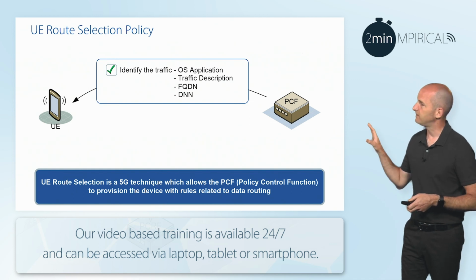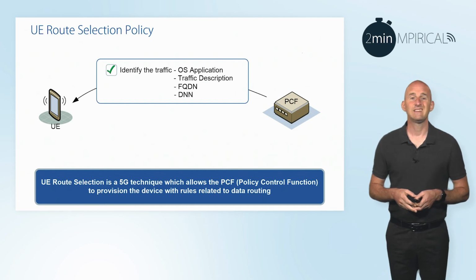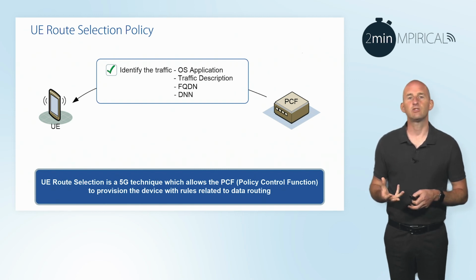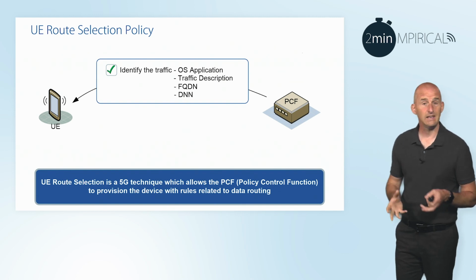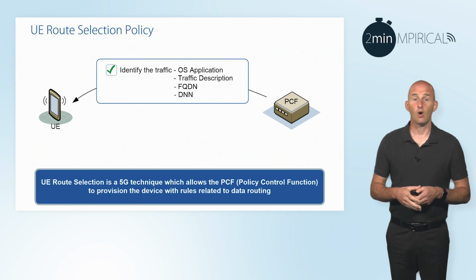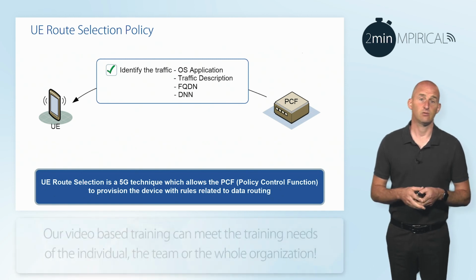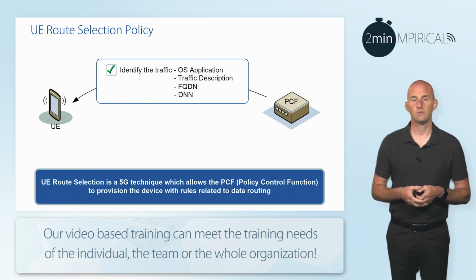It could be related to a specific traffic profile or description, things like a destination IP address. It could be related to a fully qualified domain name of a particular target that we are trying to communicate with, or it could be as simple as the specific data network name which we're connecting to.